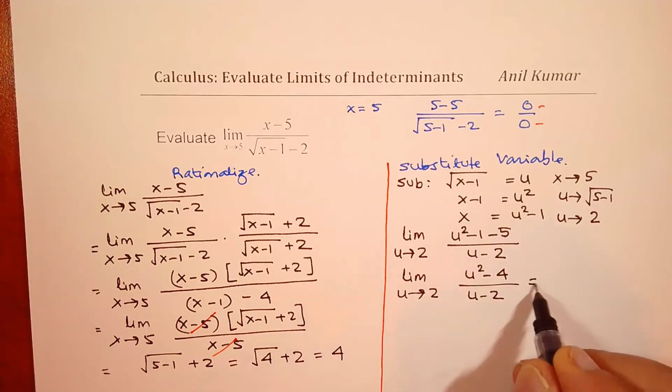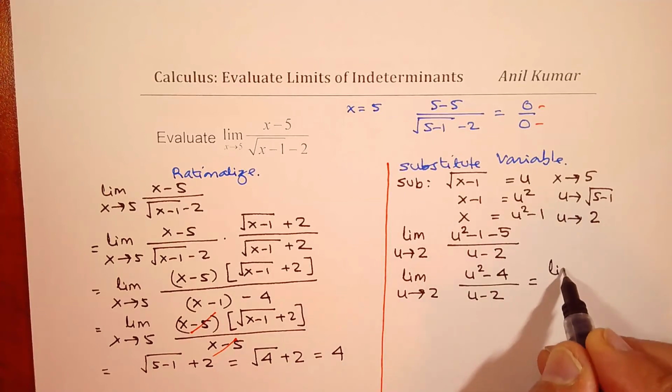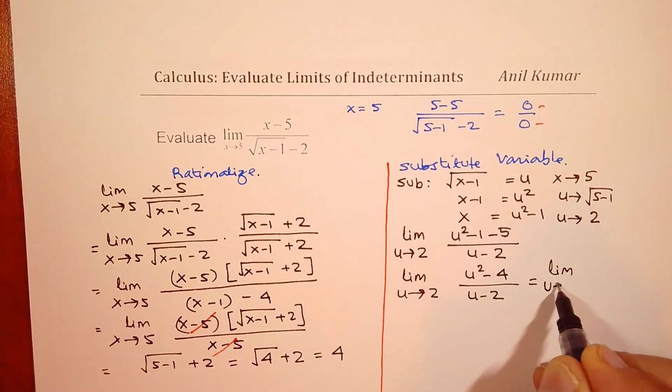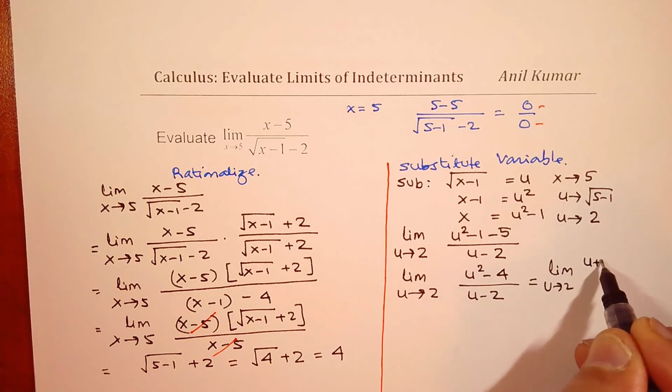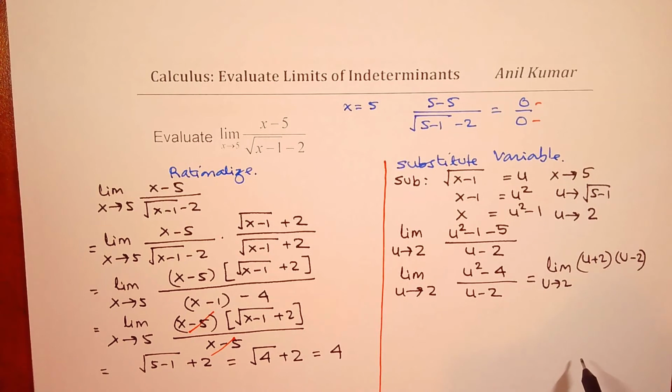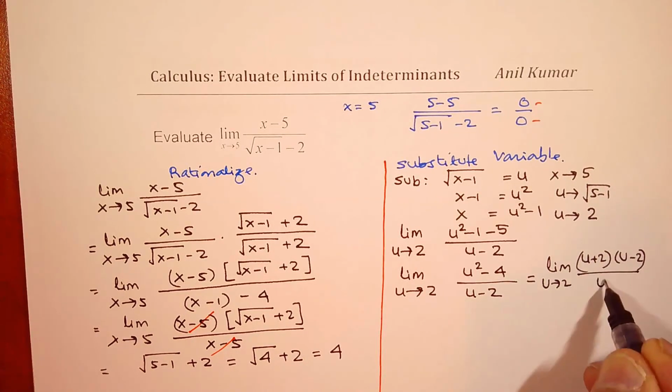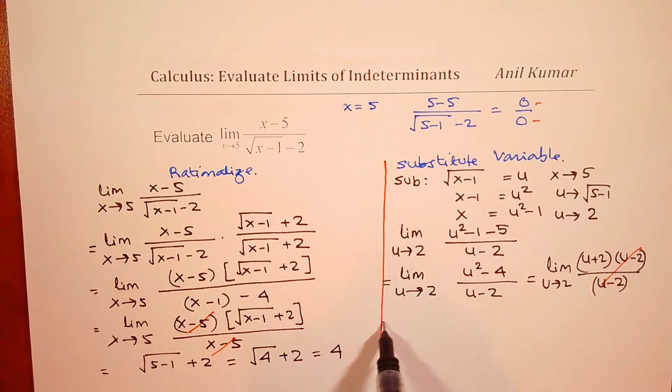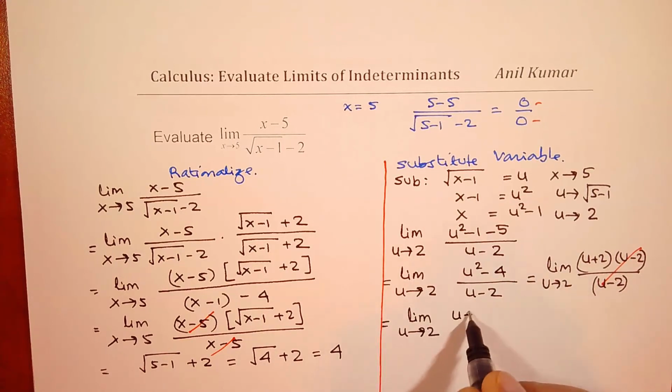Now, u squared minus 4 can be written as (u plus 2) times (u minus 2), correct? Divided by u minus 2. The u minus 2 and u minus 2 cancel. So we are left with limit u approaches 2 of u plus 2.